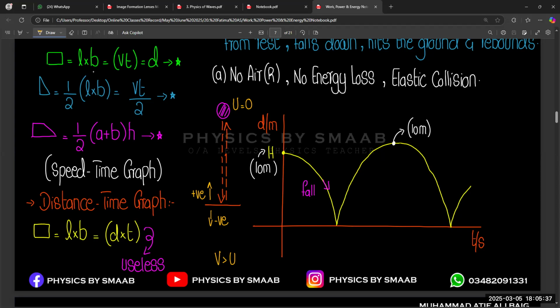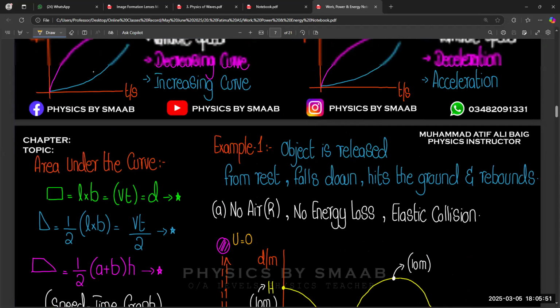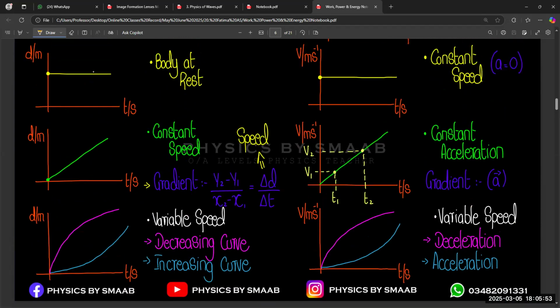These lines are not representing speed. These lines are representing acceleration basically, right? Because the speed is not the same, speed is changing. And in the last graphical representation, you observed that when we have variable speed, there will be a curved graphical representation, either increasing or decreasing. So when there is variable speed, we get a curved representation in the distance-time graph.